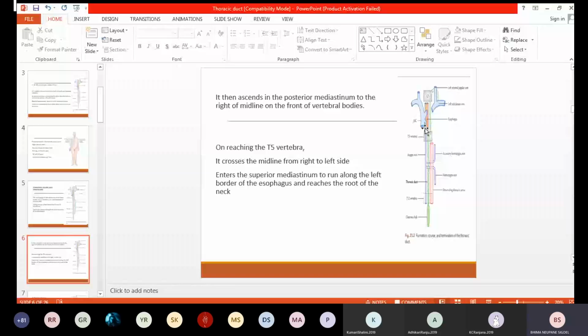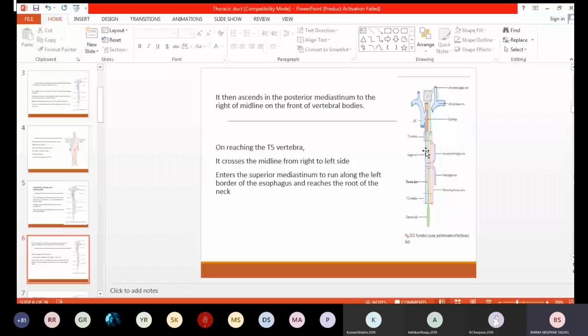First it was in the posterior mediastinum, now it moves towards the superior mediastinum to run along the left border of the esophagus. Now we have removed the esophagus here, right? Here it will be on the left of the esophagus. In the lower part, in relation to the esophagus, it is somewhat posterior and to the right side.